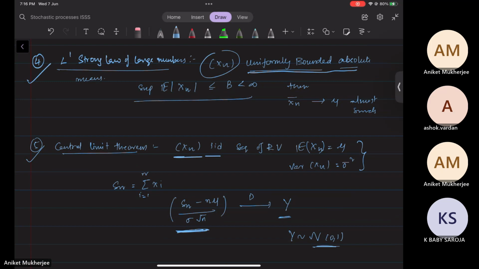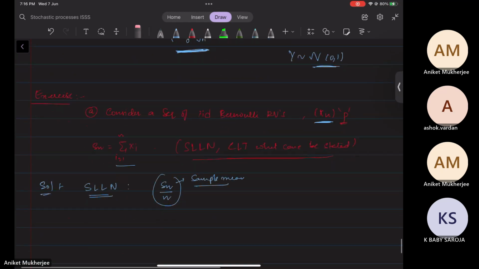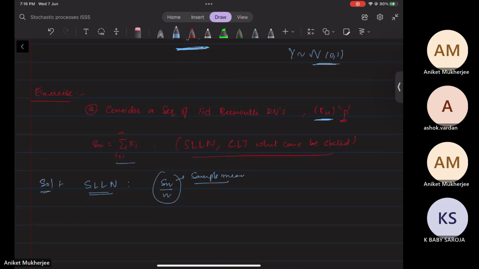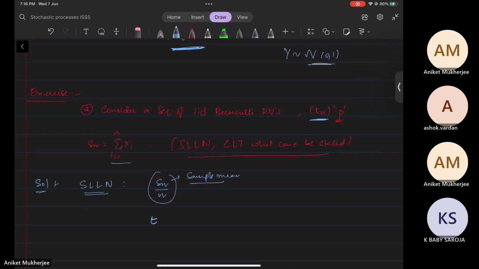For strong law of large numbers, you need to show that the absolute value of each number in the sequence is uniformly bounded. As you know that Xn's are Bernoulli, you know that expectation of mod Xn is equal to p. Bernoulli is 1 with probability p and 0 with probability 1 minus p. Mod Xn also will have 1 with probability p, 0 with probability 1 minus p.